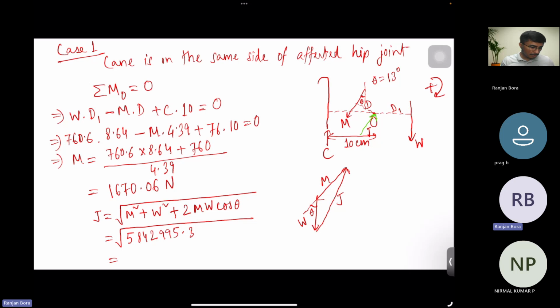Square root of this will be 2417.2 Newton. So the joint reaction force is this much, 2417.2 Newton. So is this clear? Do you have any doubt?